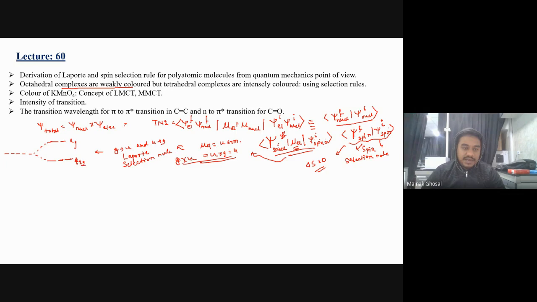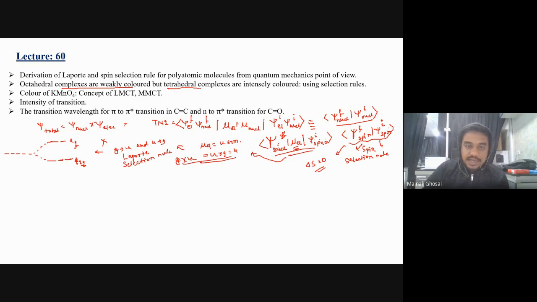So the parity is the same, and the rule is not followed here. So this is Laporte forbidden. For tetrahedral complexes, since they don't have any g or u parity, they are actually intensely colored. This is actually observed when you are seeing the potassium.